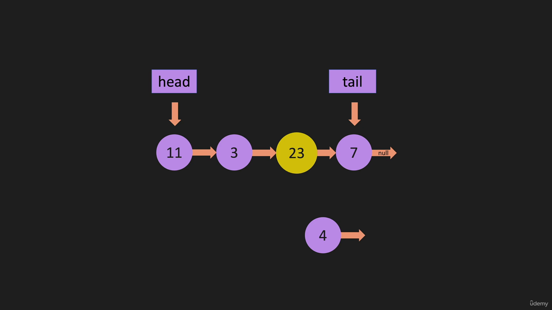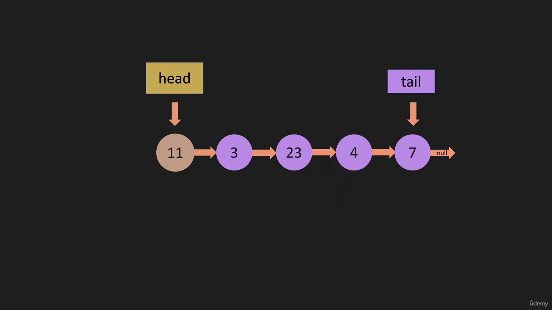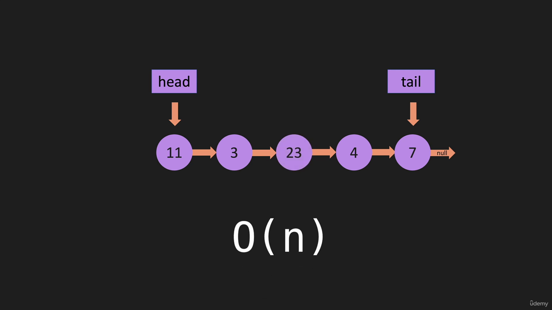Now we want the 4 to point to the same node the 23 is pointing to, right here. So we set those equal. Now the 4 is pointing to the same node as the 23. Then we have 23 point to the new node, and this is inserted. But because we had to start at the head and iterate through the list to be able to get to the point where we were going to insert it, this is O of n.